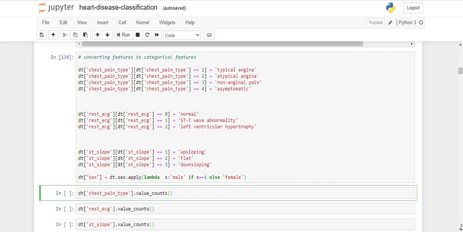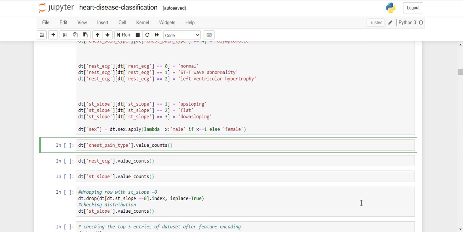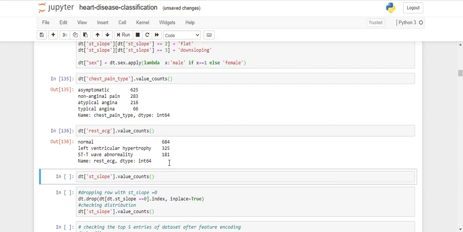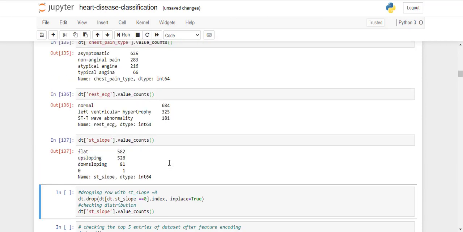So what I'm doing is counting the variables. As you can see, yes, all the variable values are converted. Rest ECG. Now ST slope, that's what I'm saying. We have only 1, 2 and 3, which are flat, upsloping, downsloping, but we also have one record of 0.